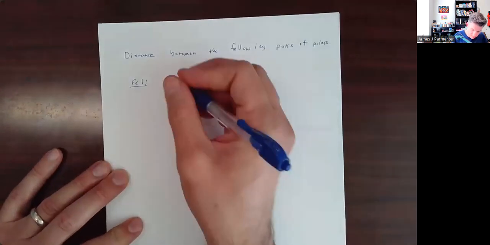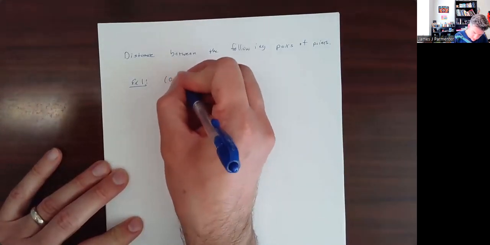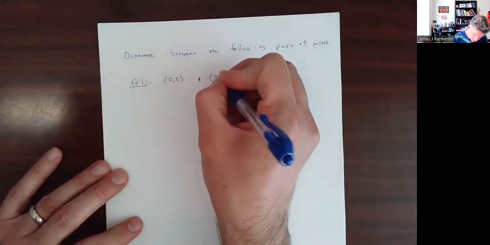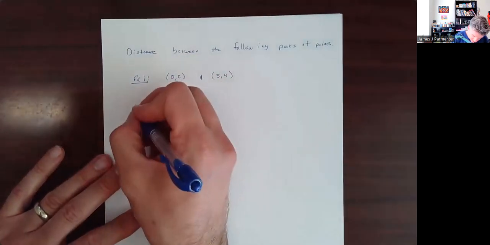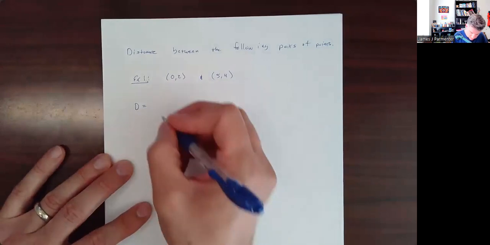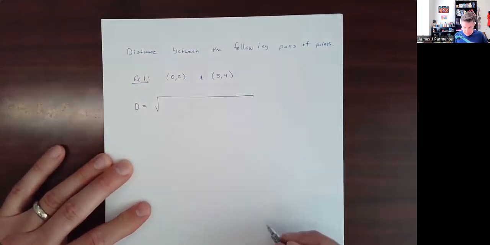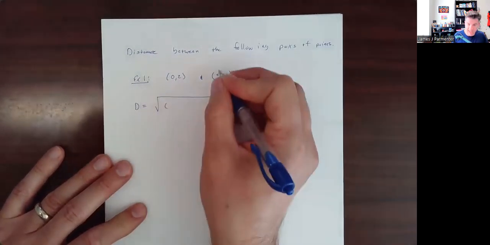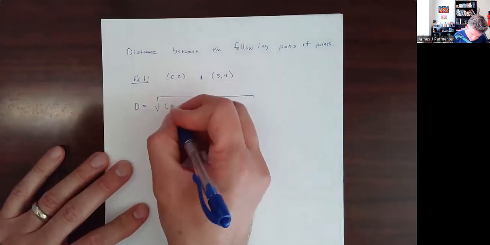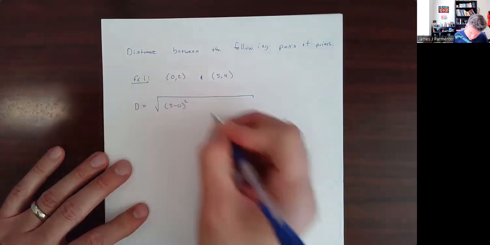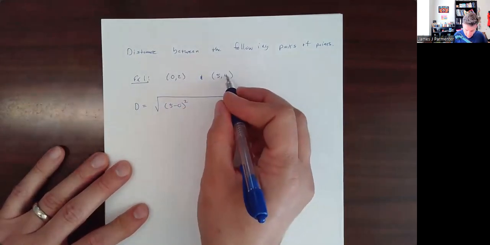Let's say the pairs of points are 0, 2, and 5, 4. So I'm going to say that the distance between these 2 points is equal to the square root of the difference in the x values squared. So the difference in the x's is 5 minus 0 squared. The difference of the y's is 4 minus 2.